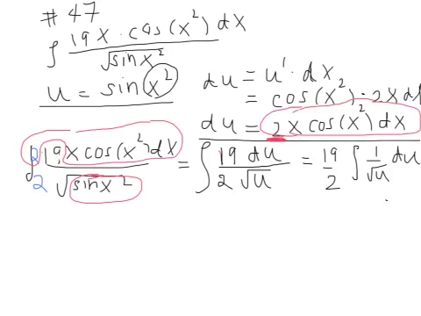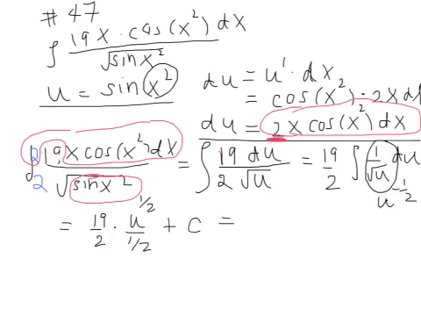Let's continue right here. 1 over square root of u is just u to the negative 1/2. So we do the antiderivative: we add 1, so negative 1/2 plus 1 is 1/2, and don't forget to divide by 1/2 here.